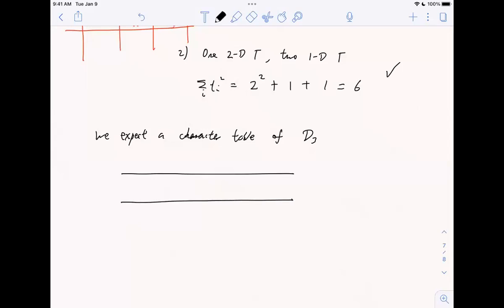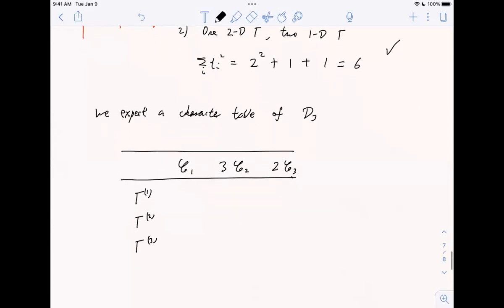And then here you have class 1, 3, class 2, 2, class 3, okay? And then here you just have representation 1, representation 2, and representation 3. So what is the character for representation 1? It is usually just the identity representation.